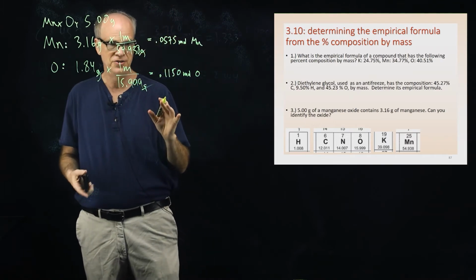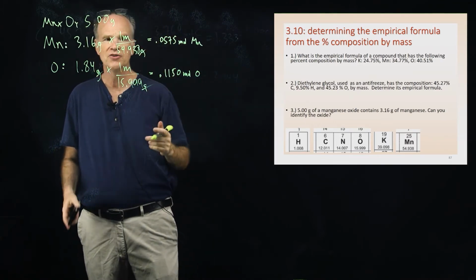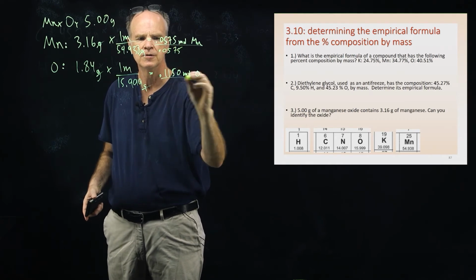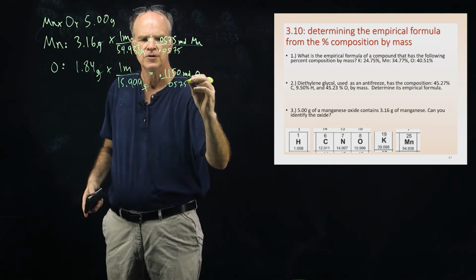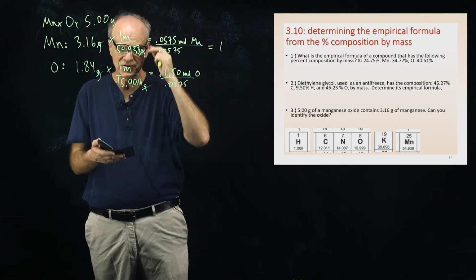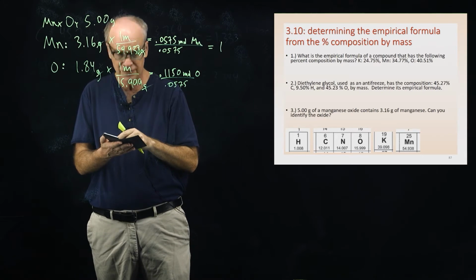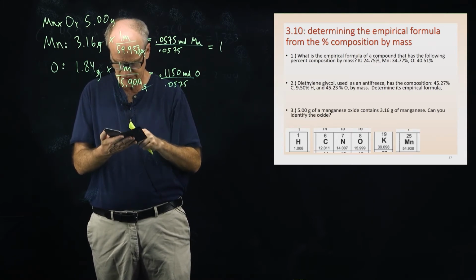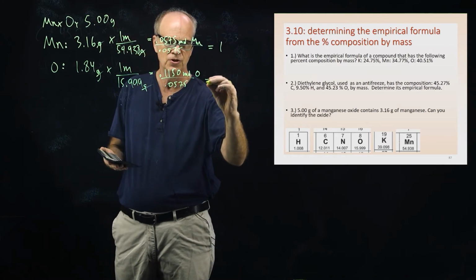Okay, so at this point, you divide these numbers by the smallest number. So for manganese moles, we're now at 1. Let's see what oxygen moles are. So it's going to be 0.1150 divided by 0.0575. Ooh, exactly 2. Boy, that was lucky.